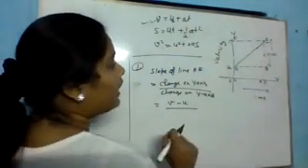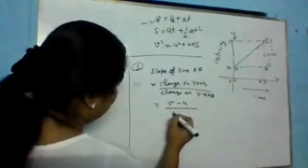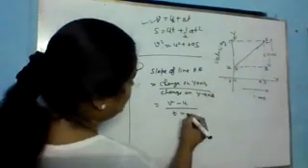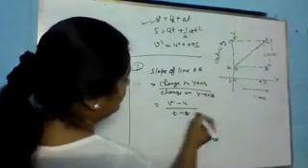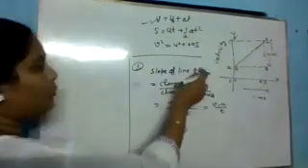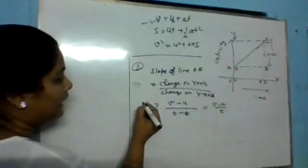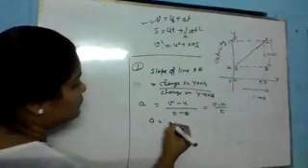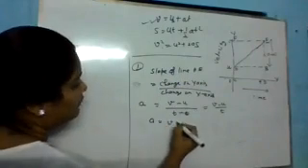Now come to the x-axis. The final time is t. The initial time is 0. So t minus 0. So v minus u upon t. And the slope of line AE represents the acceleration. So a equals v minus u upon t.